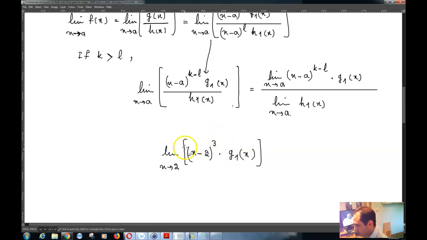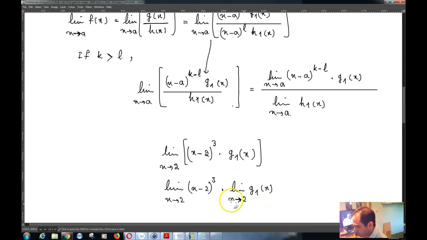This is basically a function, right? So this is equal to the limit of (x − 2)^3 as x tends to 2, times the limit of g1(x) as x tends to 2.